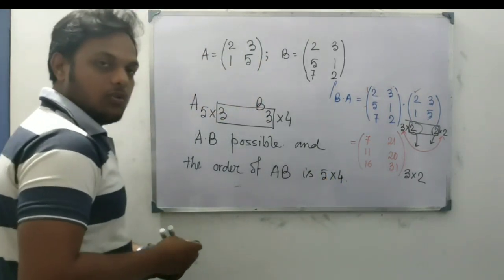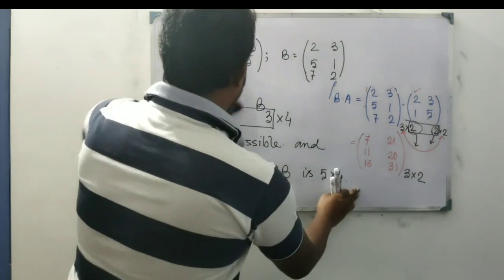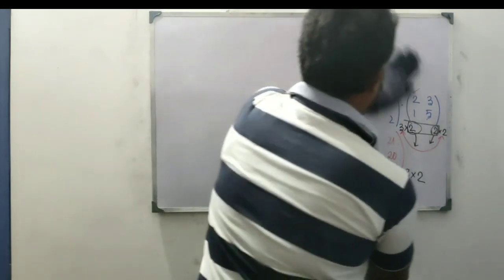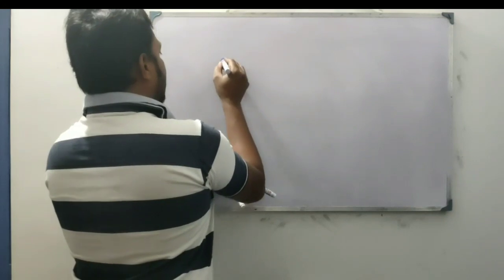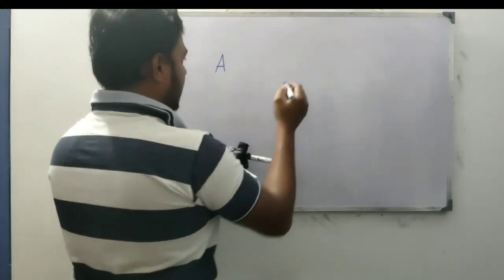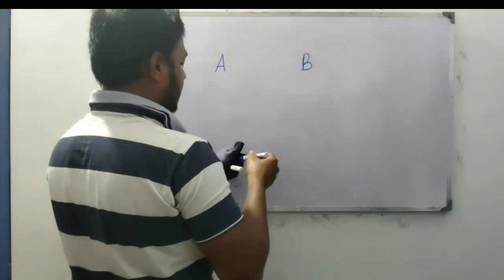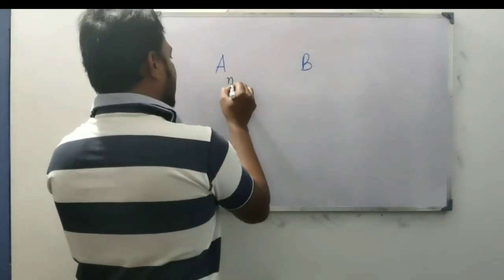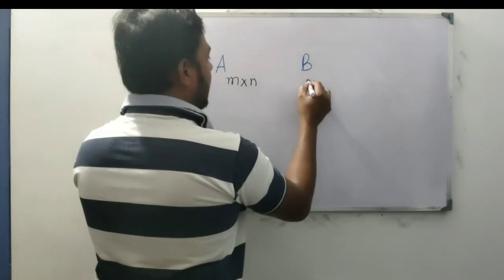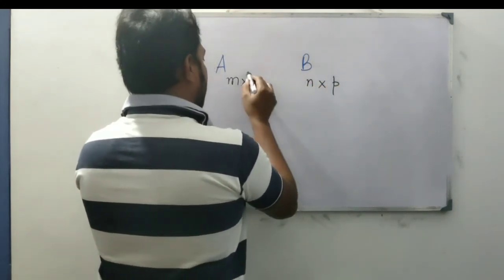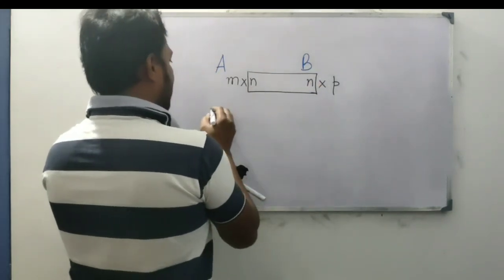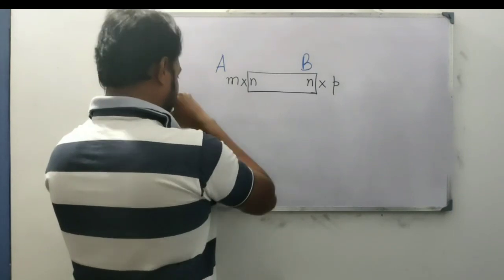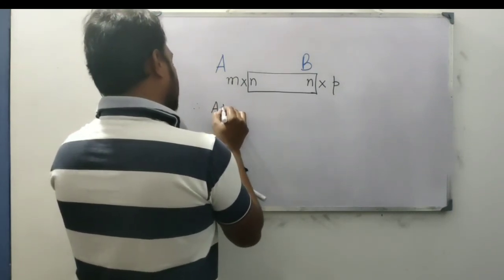Okay, so we can generate a rule from this concept. So I am writing in general: if A is a matrix of order m cross n and B is a matrix of order n cross p, then since these two numbers are equal, therefore AB is possible.